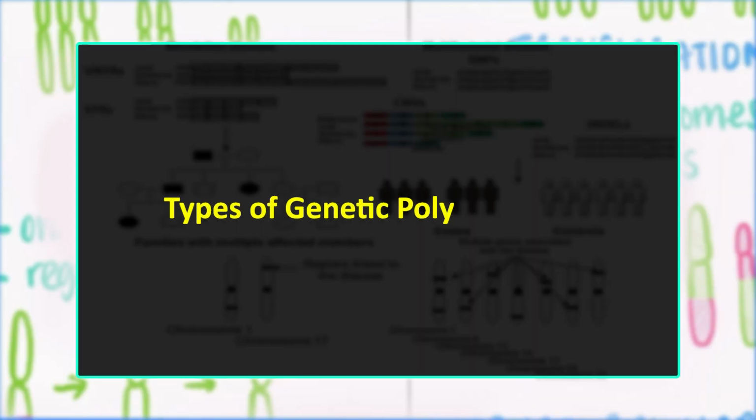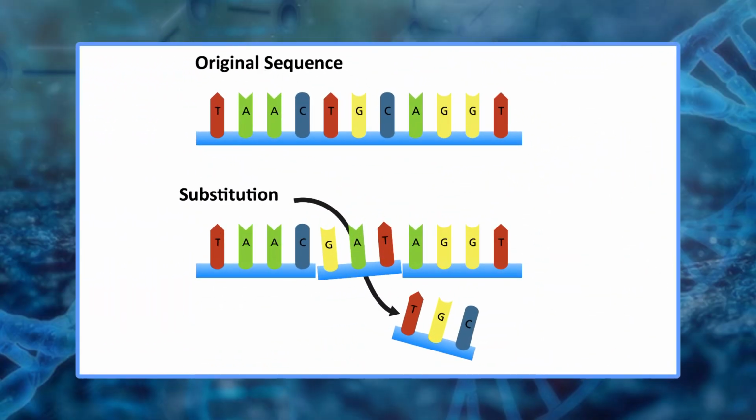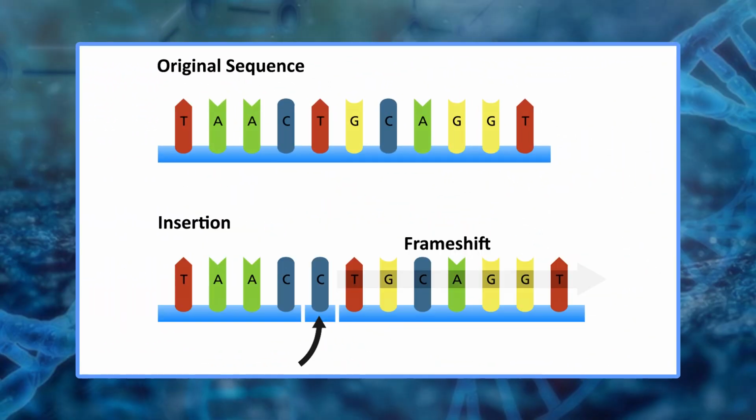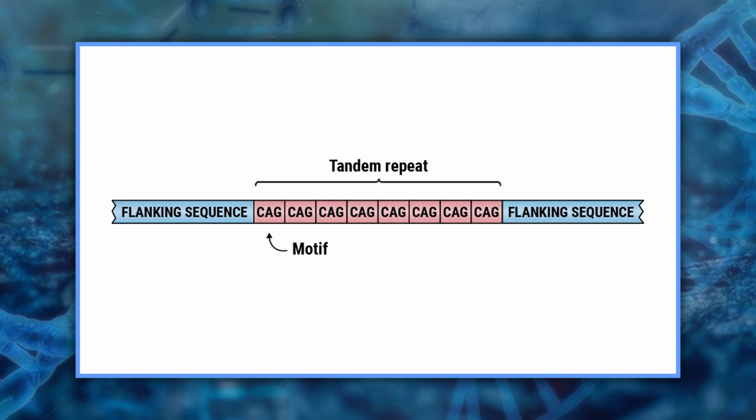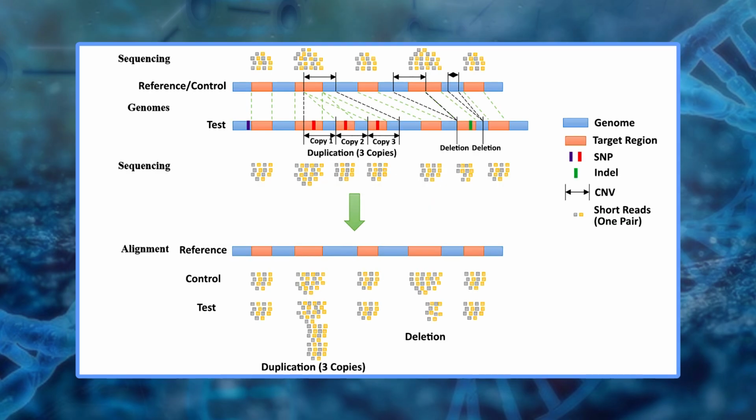Dear students, let's now discuss the types of genetic polymorphism. Just as we all look different, our genomic sequences vary significantly. These differences in our genome are known as genetic variations and are caused by various types of mechanisms such as nucleotide substitutions, insertions or deletions of nucleotides, differences in the number of tandem repeat sequences, differences in the copy number of genomic segments, and the combination of these.